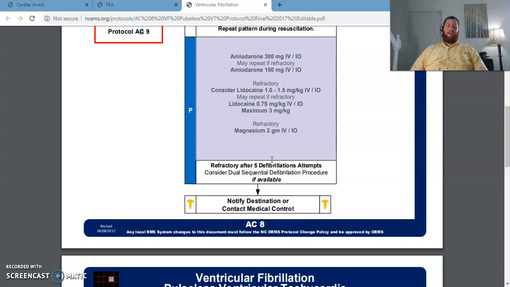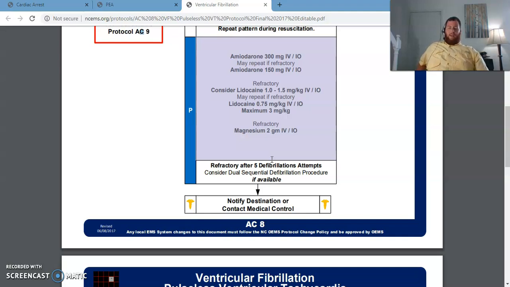Then the other pads, if you have room, go front and back. The other option would be the complete opposite: up on the upper left-hand chest and down on the bottom right side of the chest. There are a couple of different configurations for that. Follow your local protocol for which placement your agency wants you to use.